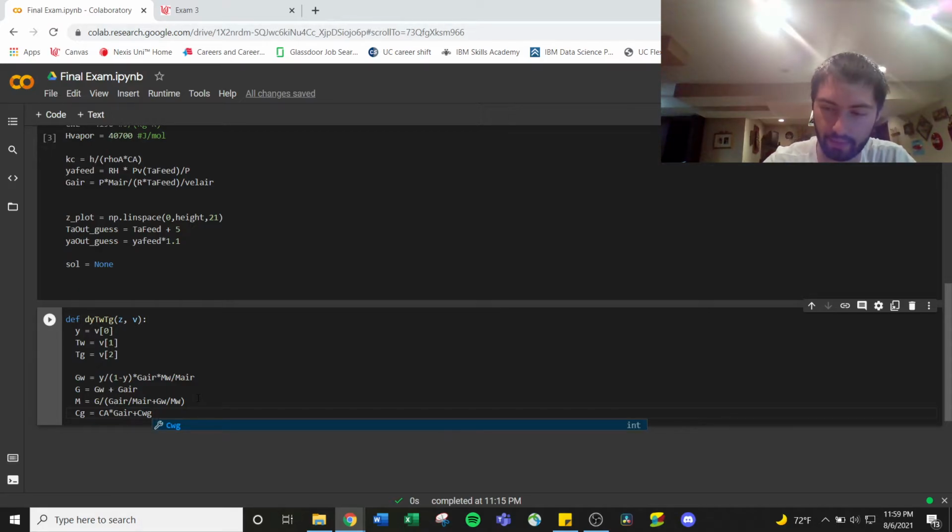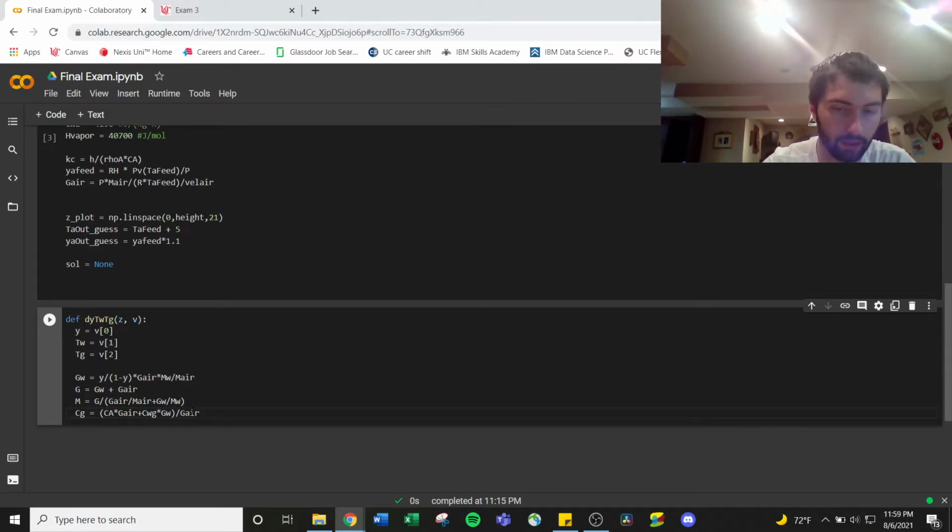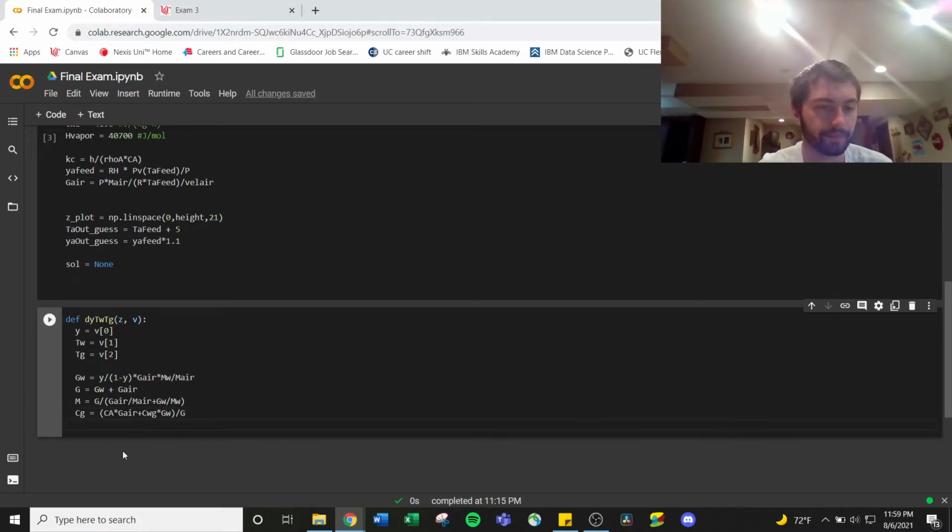So C water in the gas phase times gas flow rate of water, and that's all going to be divided by, so I'm going to need parentheses, total gas flow, which I have right there.